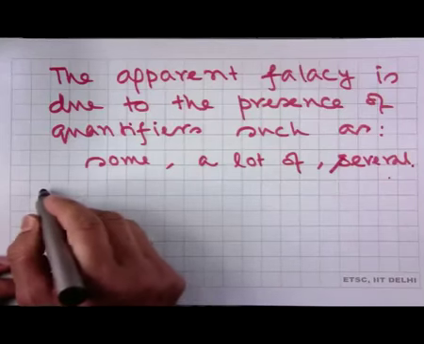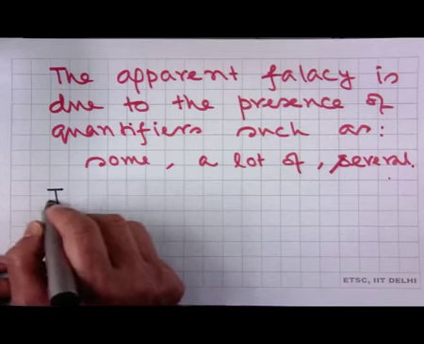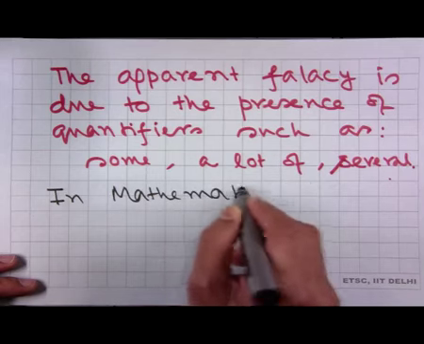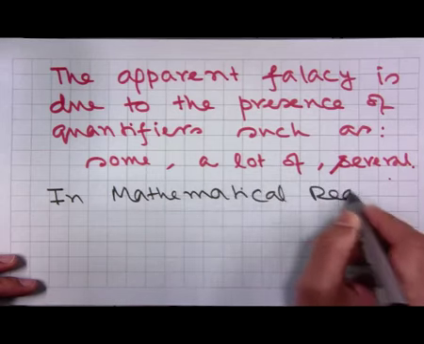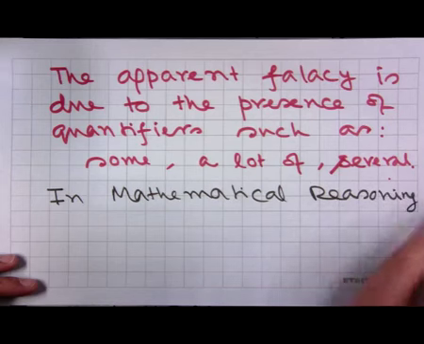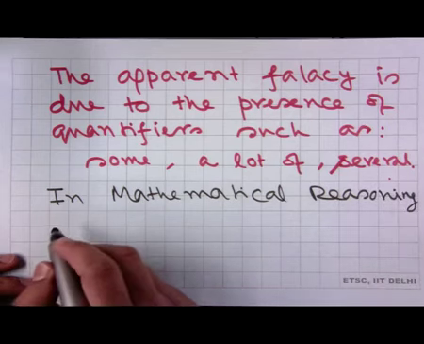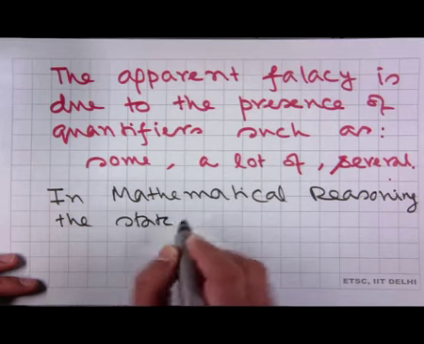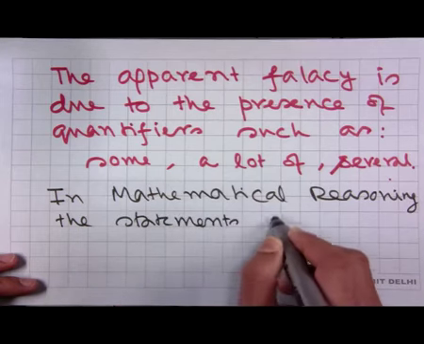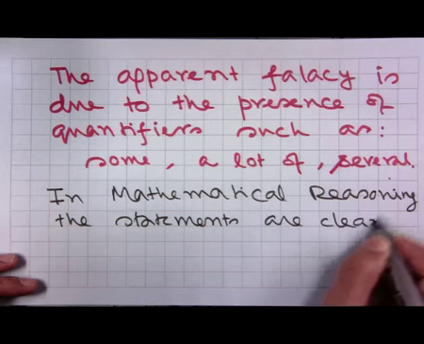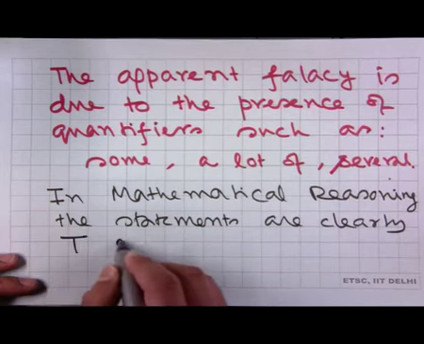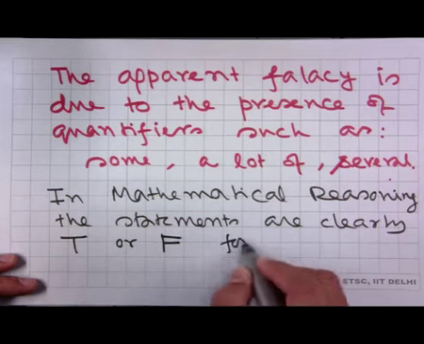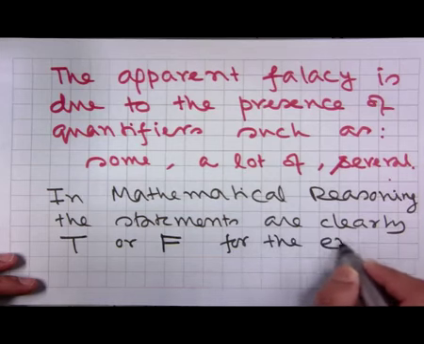Therefore, in mathematical reasoning, the type of statement that we deal with is clearly true or false for the entire set of objects.